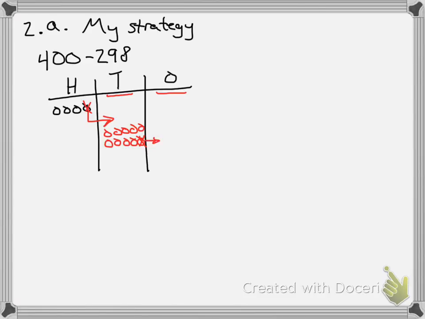So I'm going to go ahead and take that apart. 1, 2, 3, 4, 5, 6, 7, 8, 9, 10, and then I need to take one of those 10s apart. So I'm going to bring it over here, and 1, 2, 3, 4, 5, 6, 7, 8, 9, 10, and now I can go ahead and subtract 8 from my 1s, because we have an 8 that I need to subtract. So 1, 2, 3, 4, 5, 6, 7, 8. I end up with 2. In the middle, I need to subtract 9, which should leave me with 0, because I only have 9 10s in there.